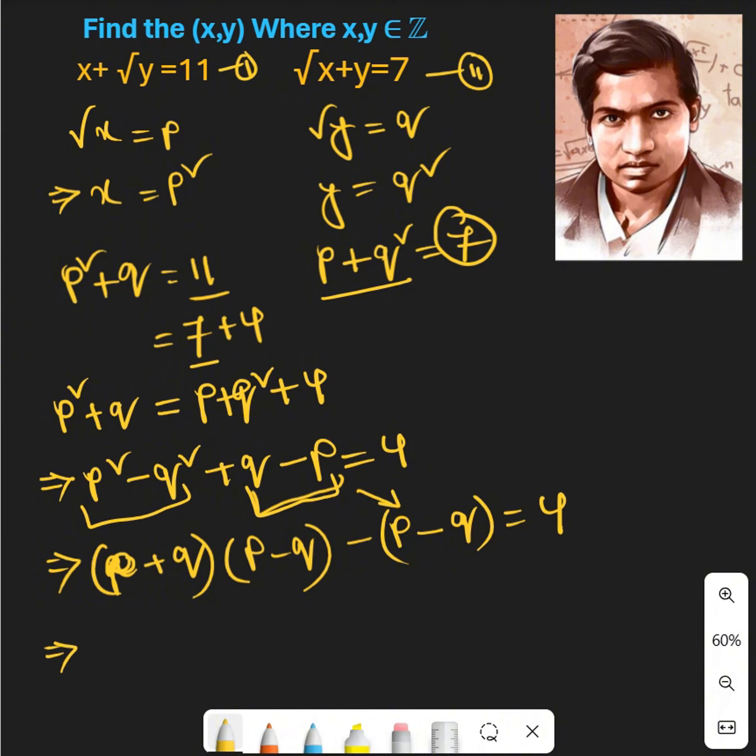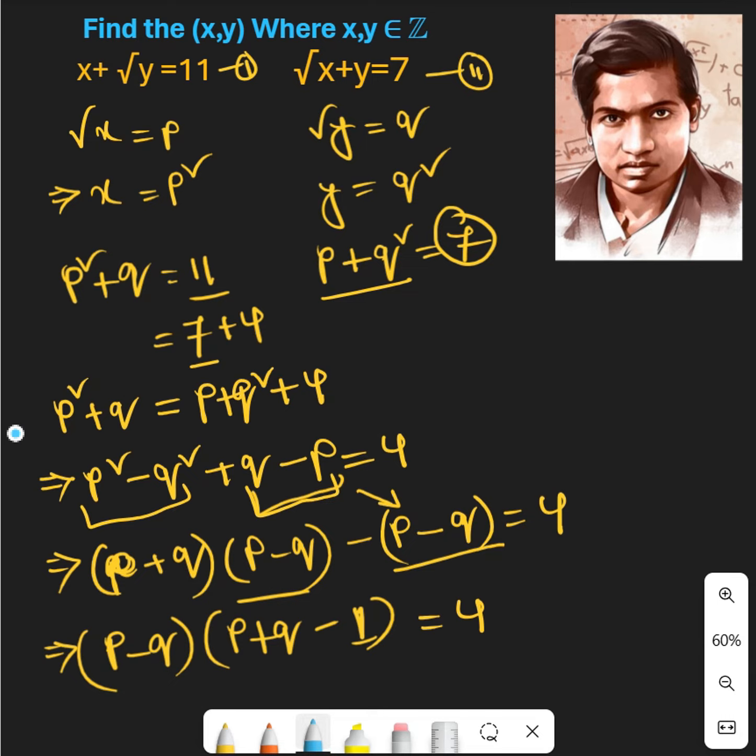Anyways, here if we take common p minus q and p minus q, it will be (p minus q) times (p plus q minus 1) is equal to 4, right? Now we could have 3 options for 4.